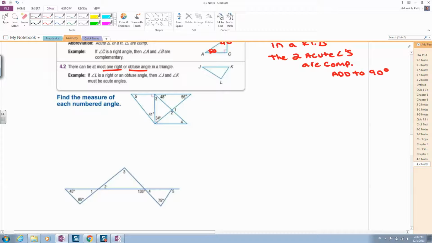So for example, angle 1. Well, notice angle 1's here, and the sum of the two remote interior angles are over there. So 48 plus 56 is equal to 104. Angle 2 is supplementary to angle 1, so 180 minus 104 is equal to 76.